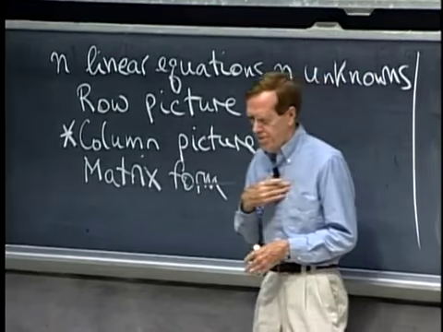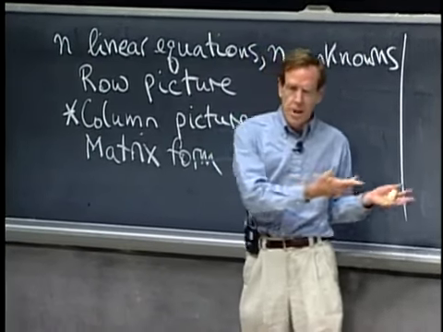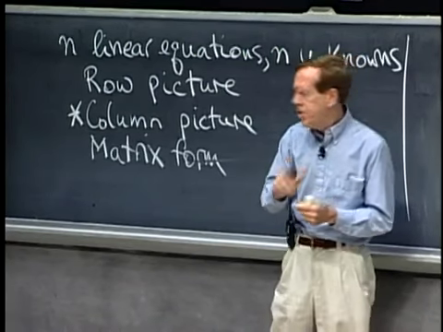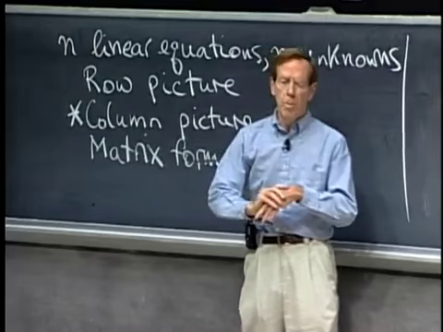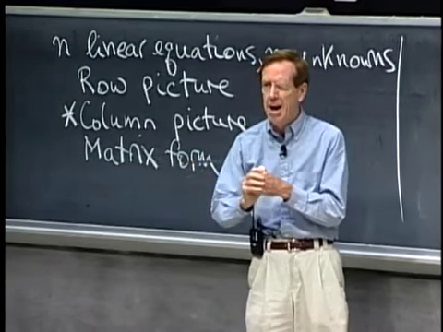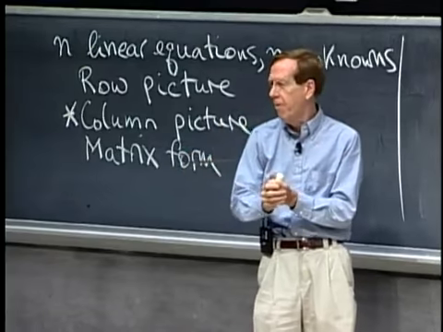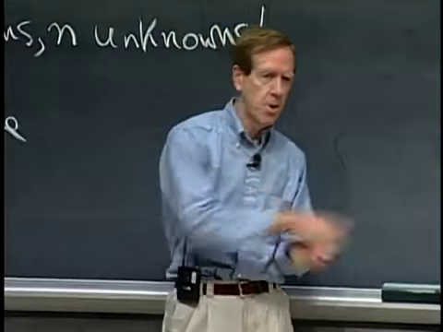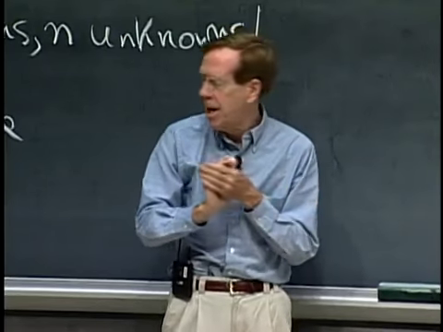And what I want to do is, with examples, of course, to describe first what I call the row picture. That's the picture of one equation at a time. It's the picture you've seen before in 2x2 equations where lines meet. So in a minute you'll see lines meeting.